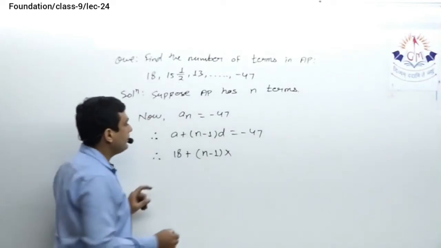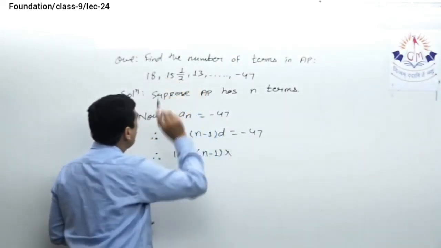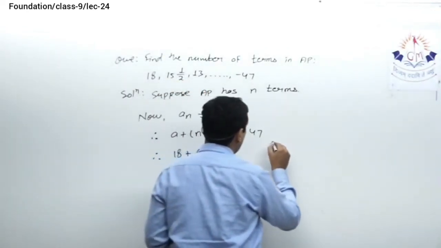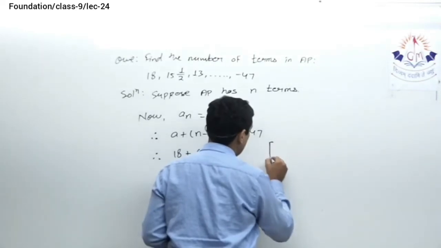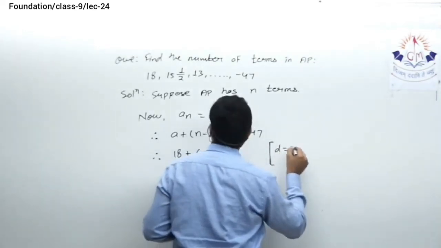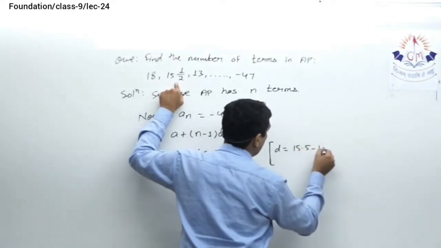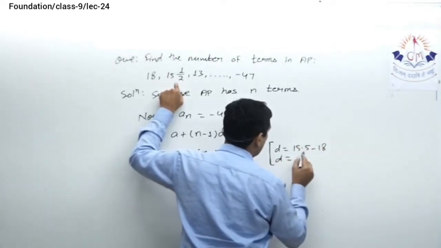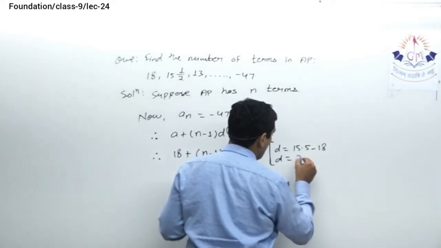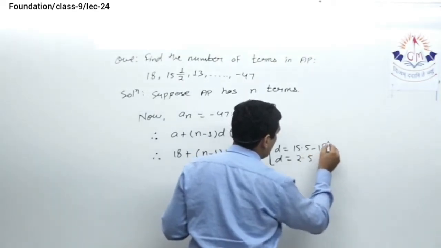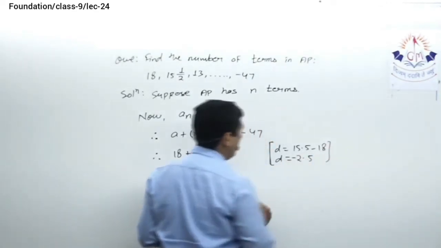And D is 15½ minus 18. So here you can see how we obtain D. This is actually 15.5 minus 18. So D is 2.5 with a minus sign.